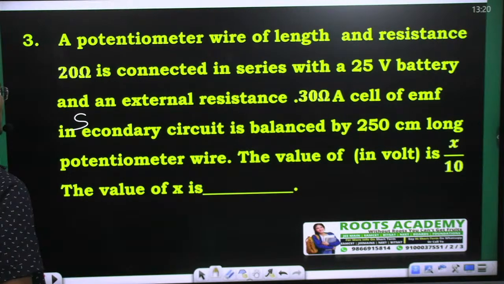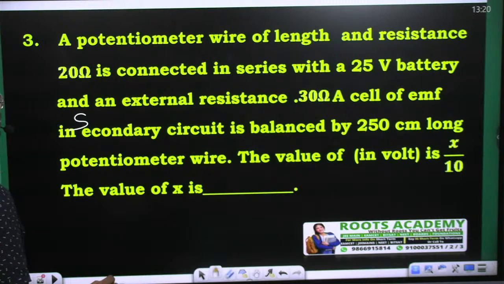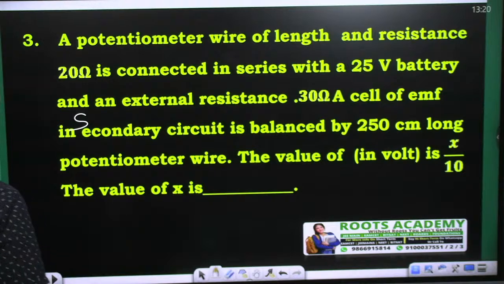See, here it is being asked a potentiometer wire of length and resistance 20 ohms connected in series. I guess the length is given. Where is that question?